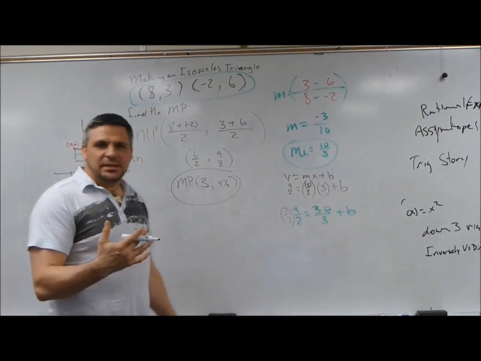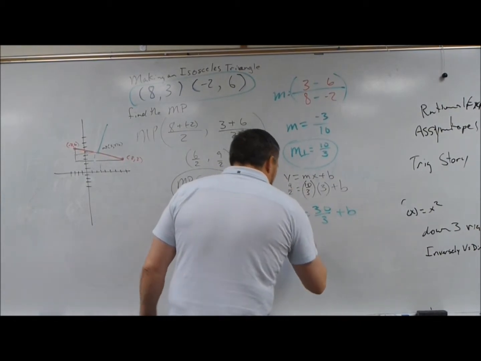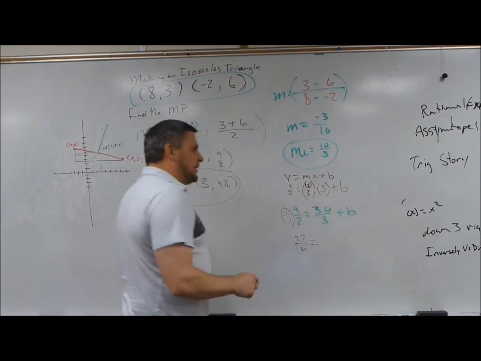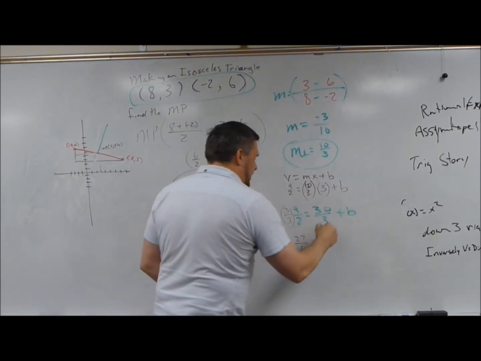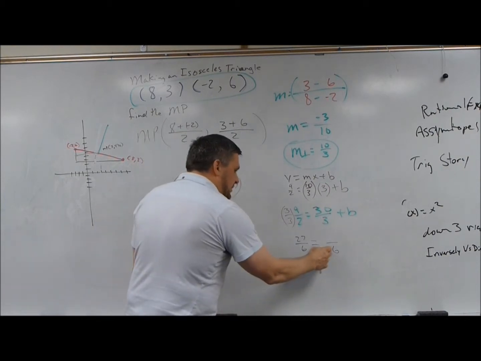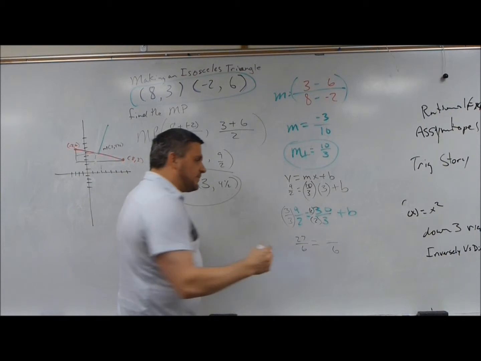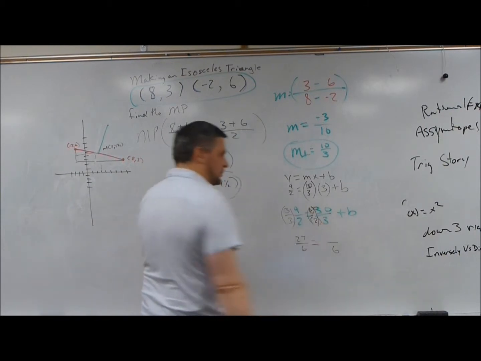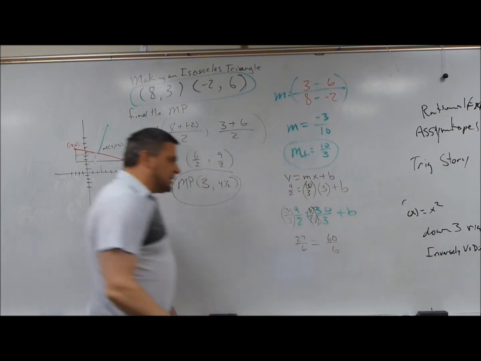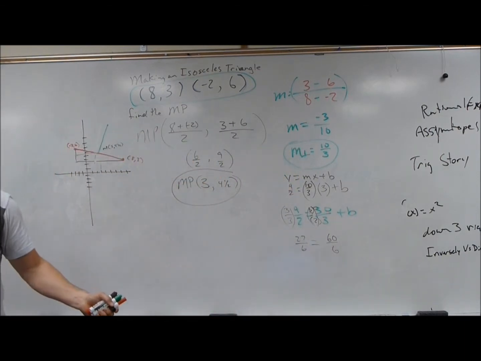Not changing anything, just making it look different. So that's going to be 27 over 6 is equal to, and then this one, to get over 6, that's going to be a 2, and that's going to be a 2. So that's a factor of 1. So now 2 times 30 is 60. So 60 over 6 is the same as 30 over 3, which is the same as 10, right?